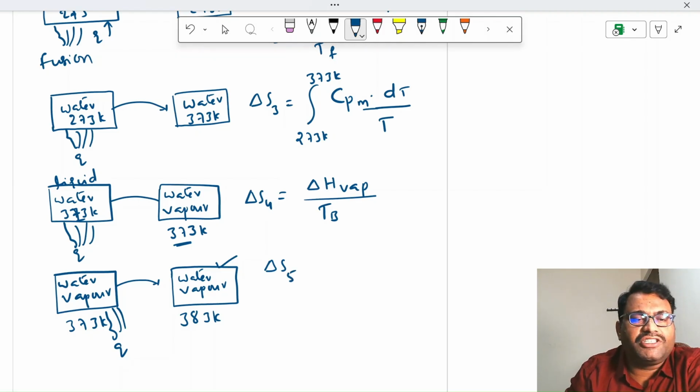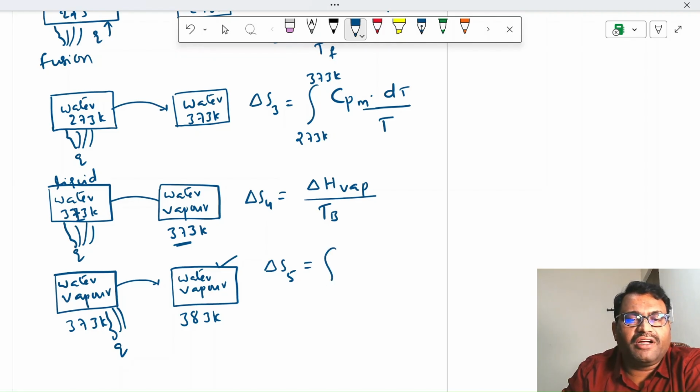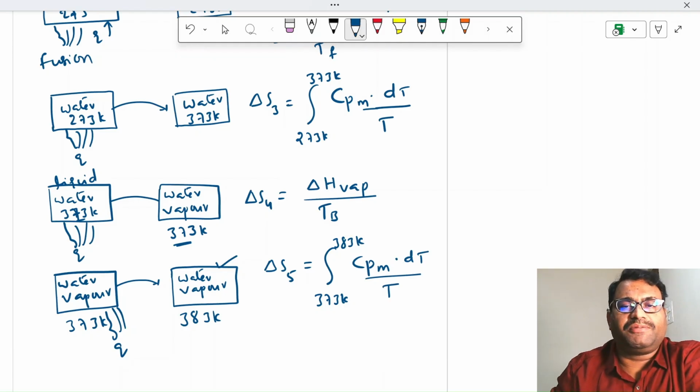Here the change in temperature is happening at constant pressure and there is no change of state. Then what is the formula? T initial is 373 Kelvin, T final is 383 Kelvin. Number of moles considering molar, so molar heat capacity into dT by T. So 5 steps are involved here.